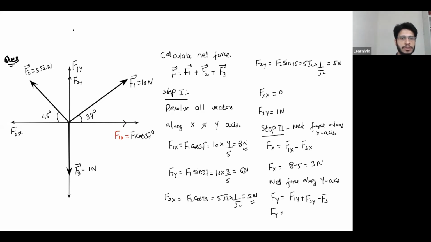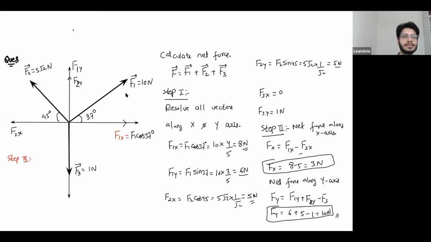F1y is 6 Newton. F2y is 5. Minus F3, since it's acting along negative y-axis, it's 1. So 6 plus 5 is 11, minus 1, it's 10 Newton. So this is the force along x-axis. This is the net force along y-axis.